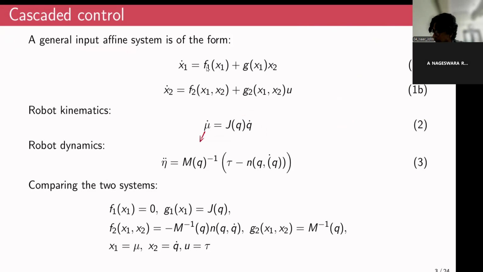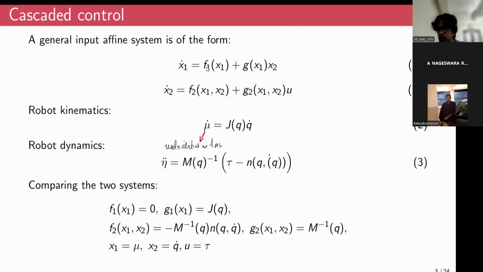The vector labeled mu dot is the velocities in task space, and over here would be the velocities in joint space. We know the Jacobian matrix, based on the kinematic architecture of the robot, basically maps the velocities in task space and joint space.